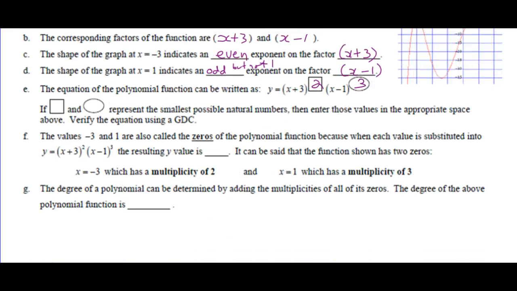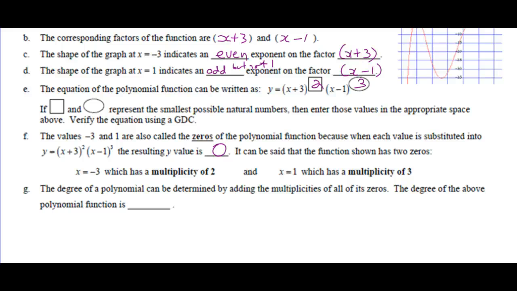The square and oval, or ellipse, represent the smallest possible natural numbers, so we did that. The values -3 and 1 are also called the zeros of the polynomial function, because when each value is substituted into this, you put a -3 in here, the resulting y value is 0. So given an equation for the function, those values are the zeros.